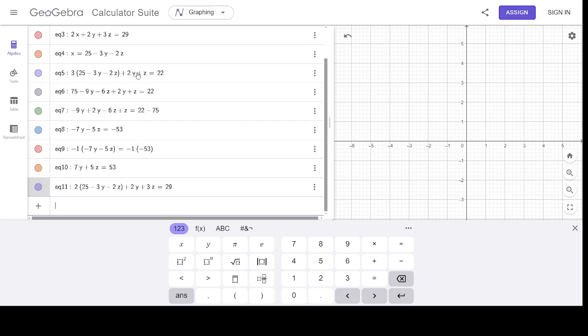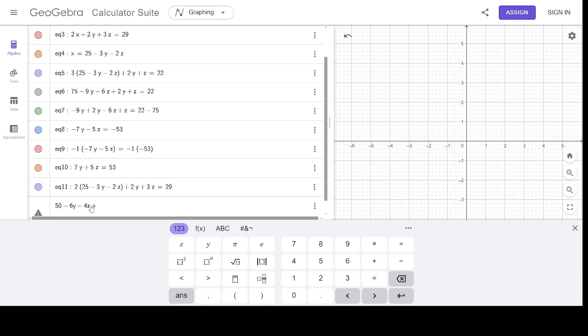Now, let's open the bracket. Can you try doing this before I finish? So now this is 2 times 25, which is 50, minus 2 times 3, which is 6y, then minus 2 times 2z, which is 4z, right?